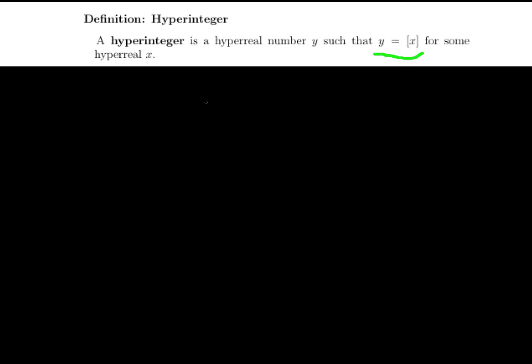So we can put all of the hyperreal numbers into the greatest integer function and it returns some value. The output is always an integer, or in this case, since we're extending up to the hyperreals, the output would be a hyperinteger. So that's all we mean by hyperinteger.